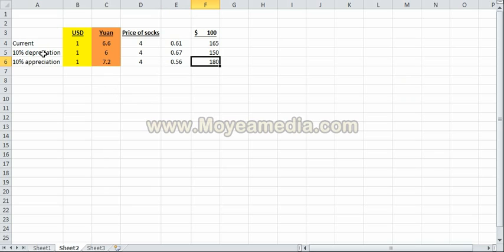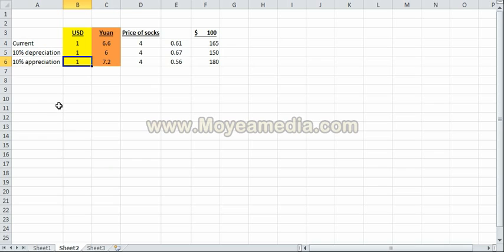Now, as one country's currency depreciates, the other country's currency appreciates. So in this instance, $1 buys you less yuan. There's a depreciation of the US dollar versus the yuan, but an appreciation of the yuan versus the US dollar.